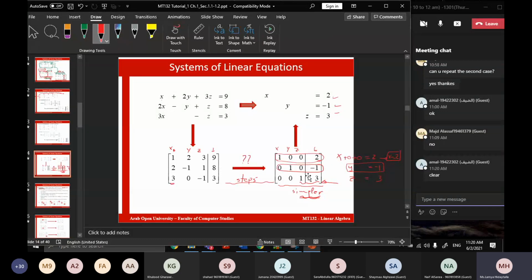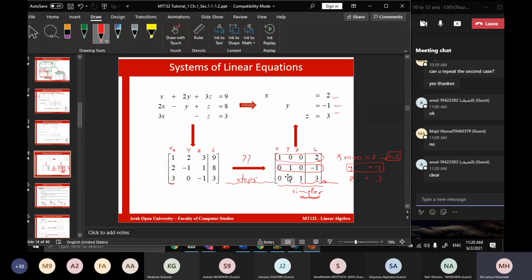One of the equivalent systems we call the echelon form. So solving a system of linear equations, I can solve it easily if I reduce my system, or do some steps, and reach what we call the echelon form.